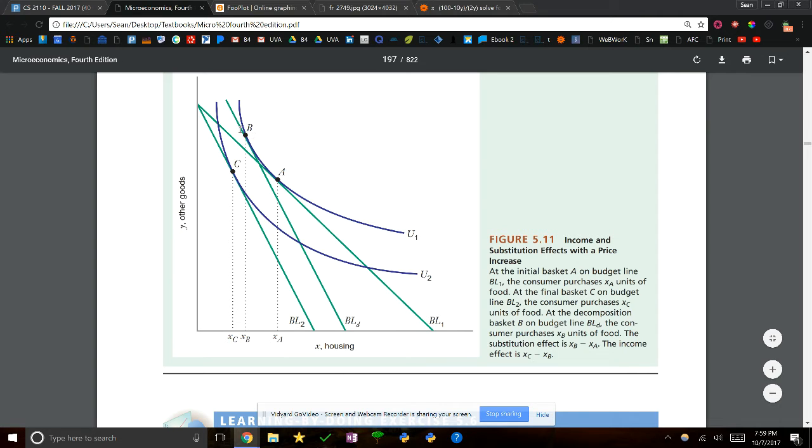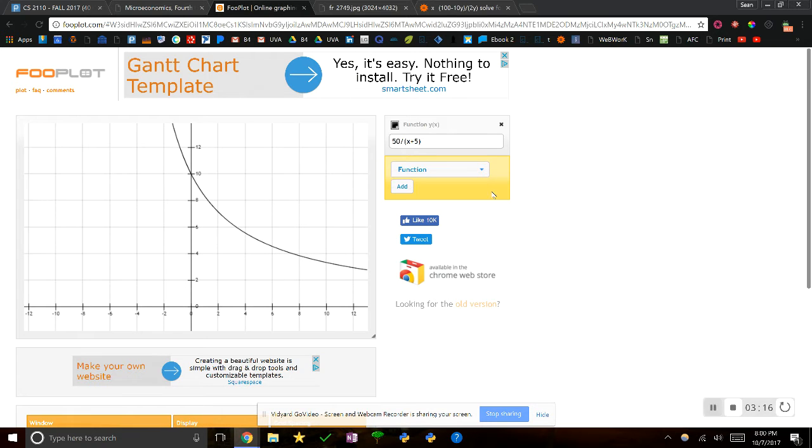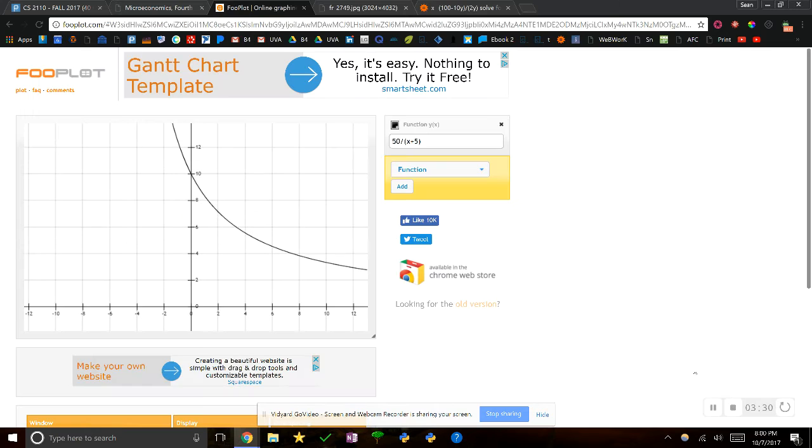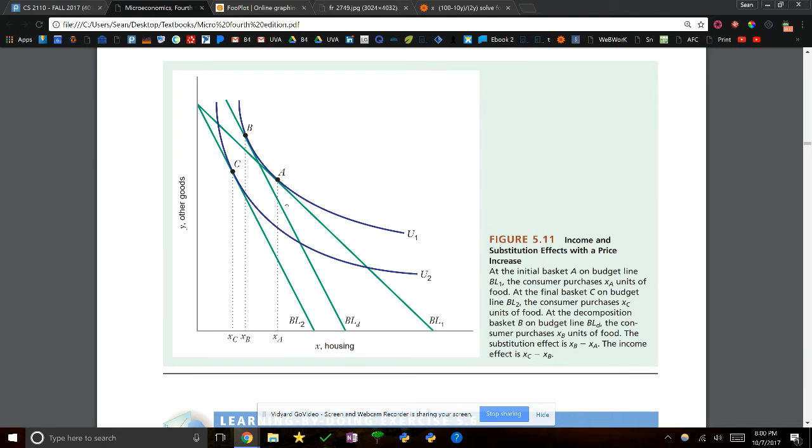So we're going to use the top intersection point here, and then we see that the substitution effect is going to be this negative portion here, because the price is going up, we're going to buy less, right? So then it's going to shift from here back to B, and then this is going to be the income effect in between here. Keep in mind that both of these are negative.